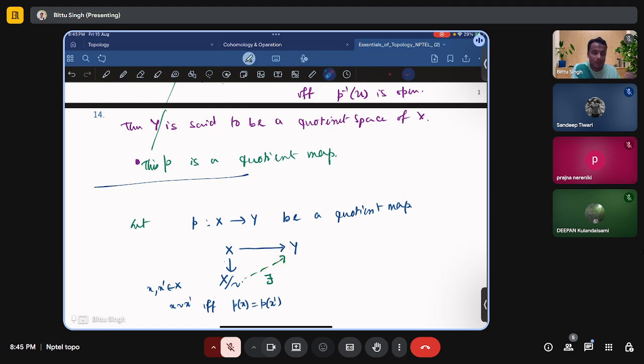But for the quotient map, the interesting thing is that, suppose this is F, and this is our quotient map P, then the induced map F dash, if this is a quotient map, then F dash is an isomorphism. So this is the interesting thing. Therefore, we can identify X modulo relation with a concrete topological space.